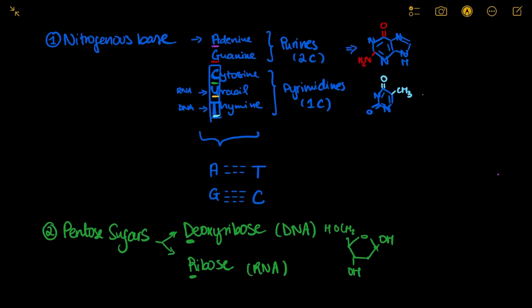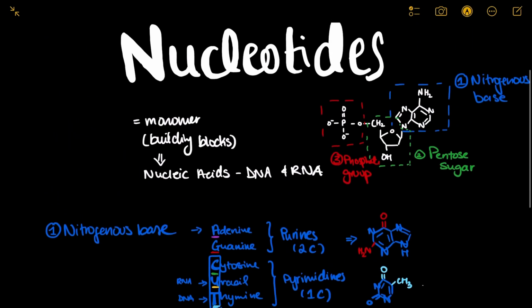So ribose has another OH group here. And now you can see at the top, we had this diagram here, pentose sugars here, and now you must be able to identify which one of the two it is. I'll give you a moment to think. And that one is deoxyribose.